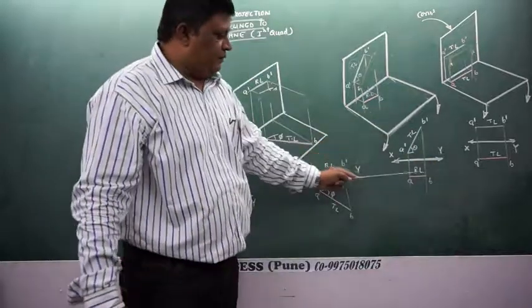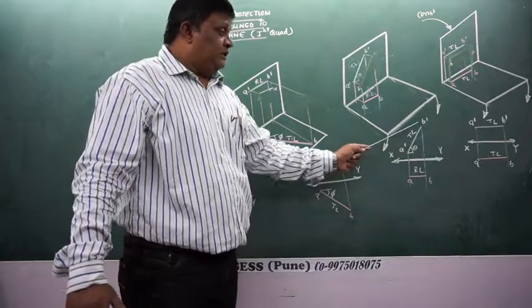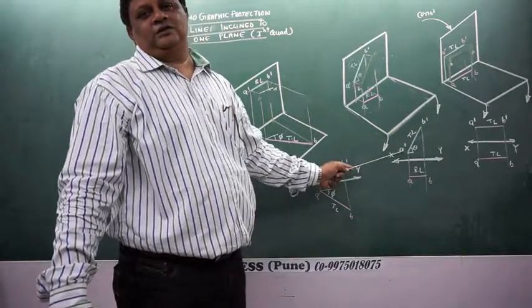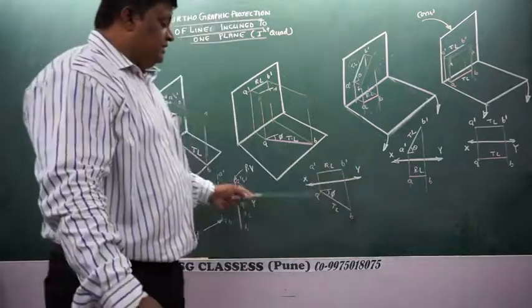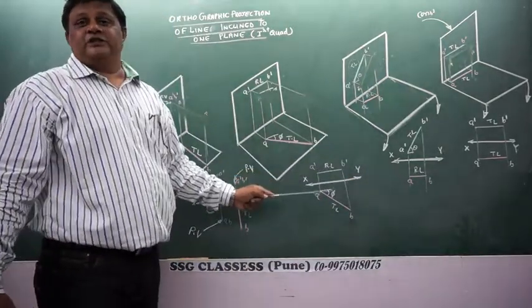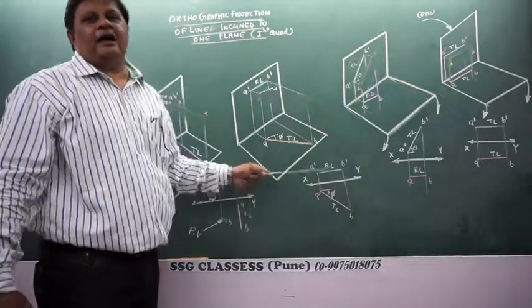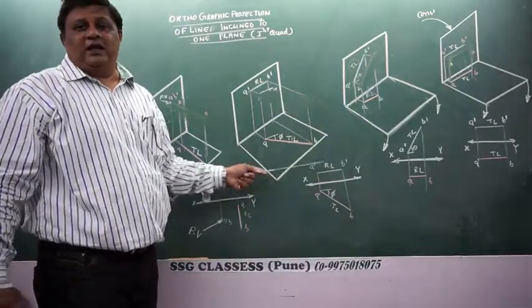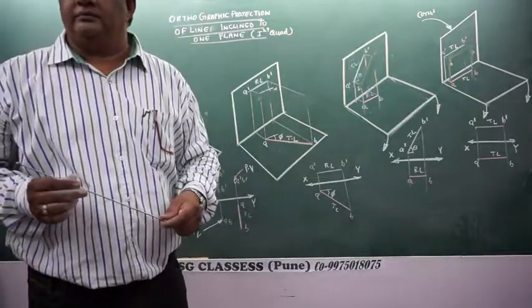Come up to this diagram. This is parallel. This is true length. This is not parallel. So this is not a true length. Agreed? This is parallel, this is true length. So this is not parallel, hence it is not a true length. Can we conclude a very important conclusion from here?